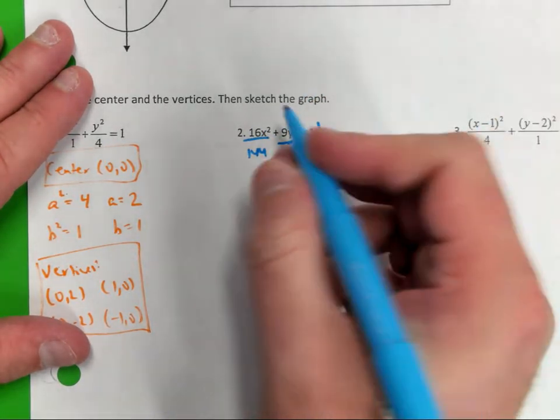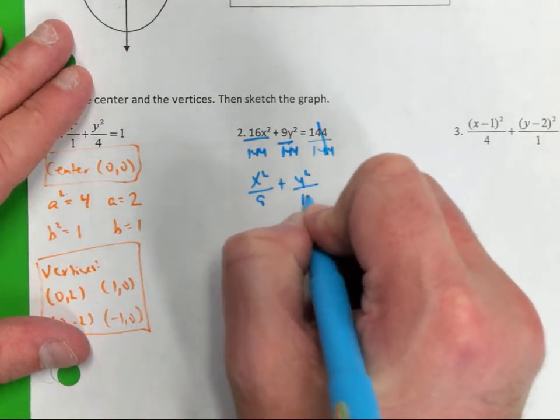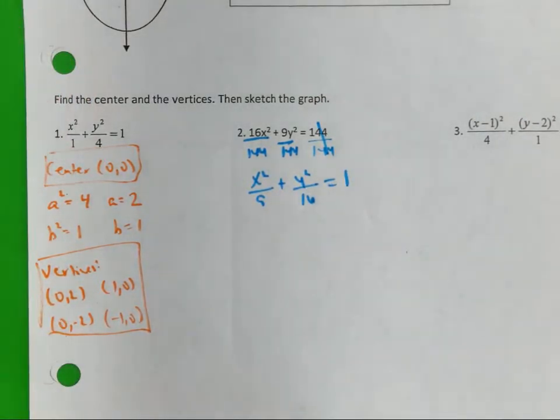16 divided by 144, that's going to be x squared over 9, I believe. So that's the rule. If it's not set equal to 1, you take what's in it and divide everything by it, and then reduce the fractions. Now, once I have that, is it in standard form?